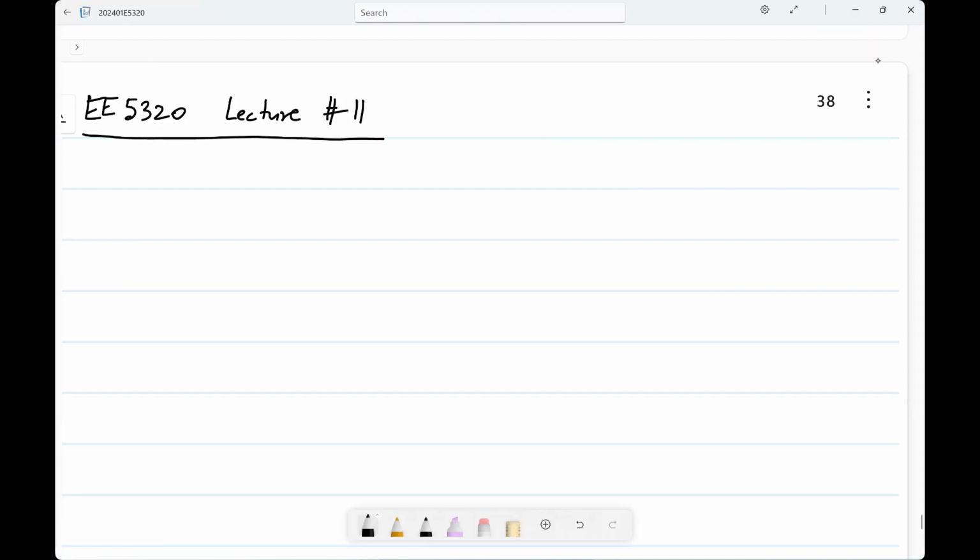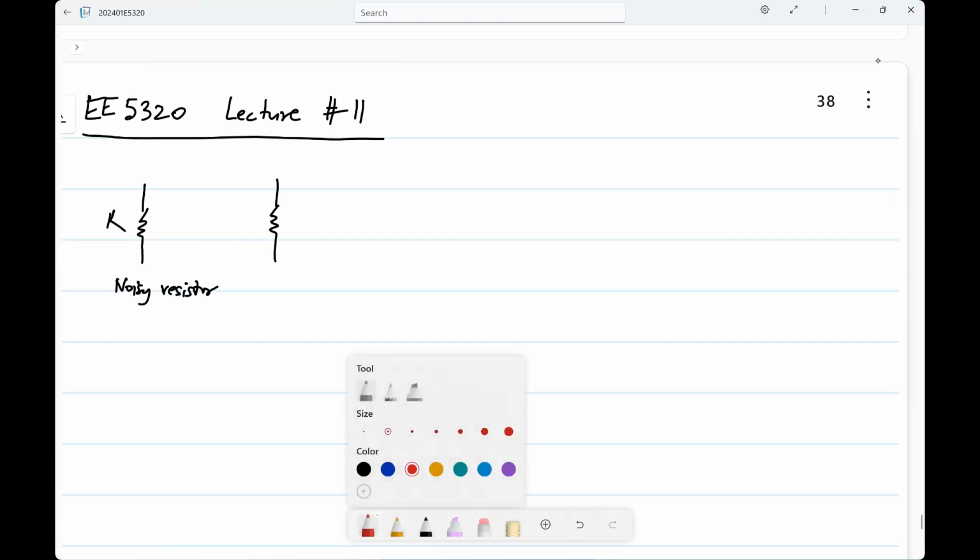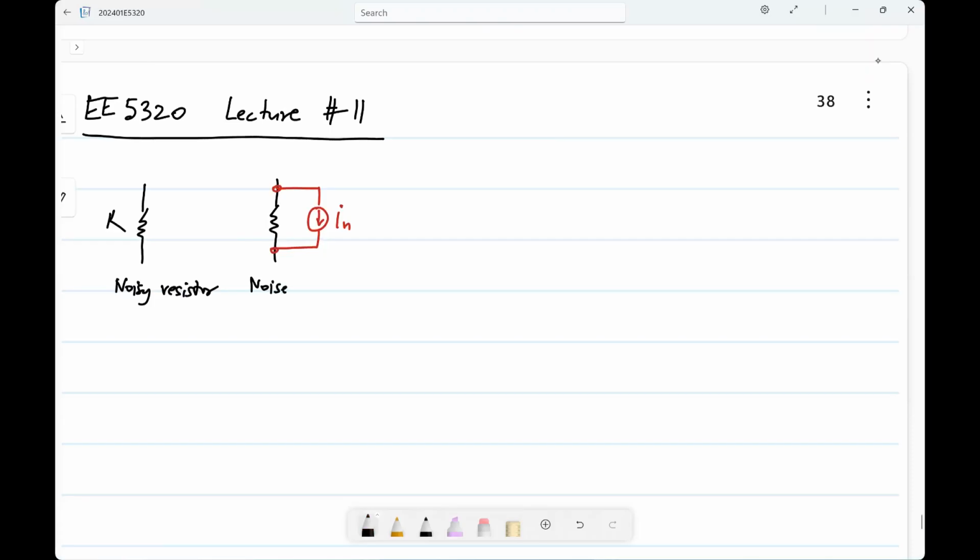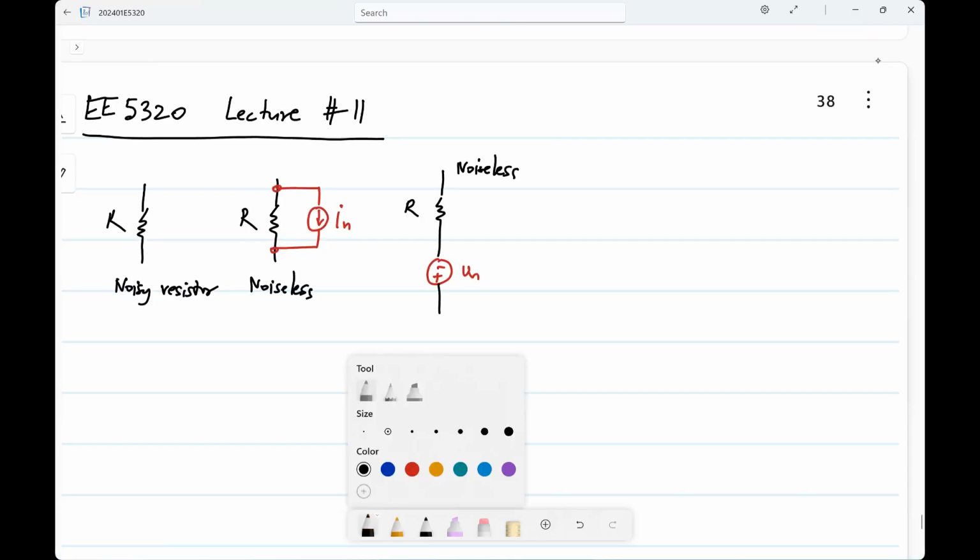So we saw that a resistor's noise, a noisy resistor of value R can be represented by a noiseless resistor of the same value plus a noise current source, or a noiseless resistor in series with a noise voltage source.